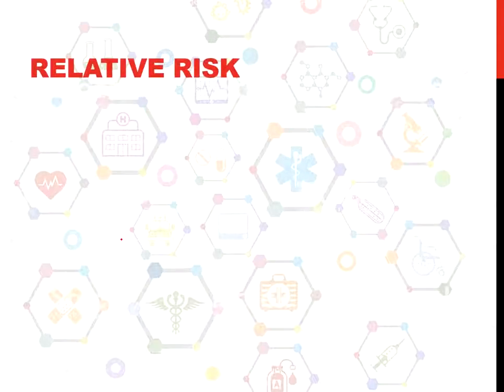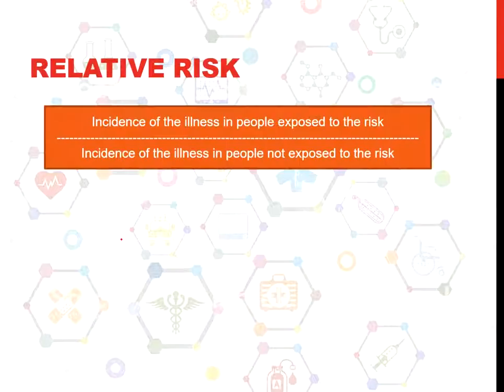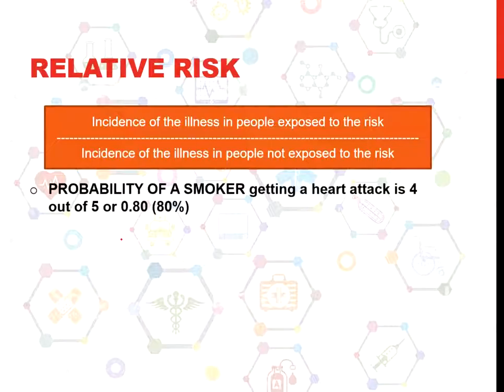Next, a relative risk. So, this is the incidence of the illness in people exposed to the risk over incidence of people not exposed to the risk. So, ang ating risk factor kanina doon sa computation is smoking. So, dito naman sa relative risk, dalawang probability yung ating gagamitin.